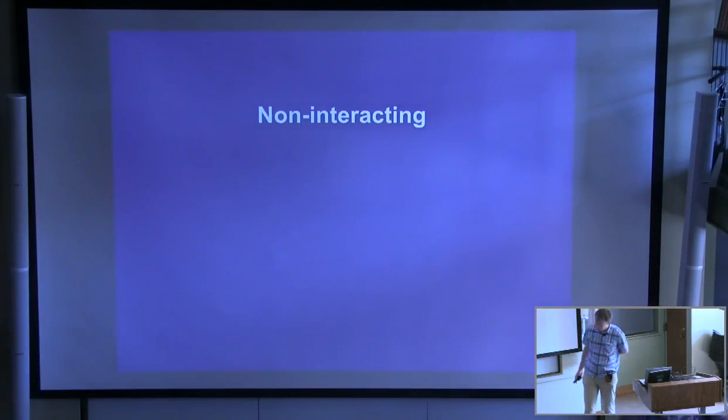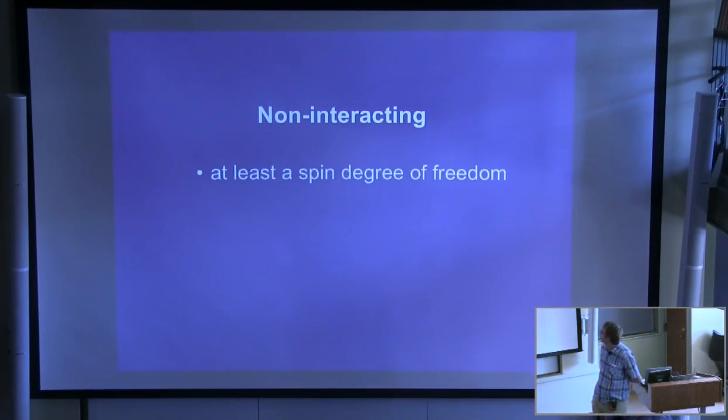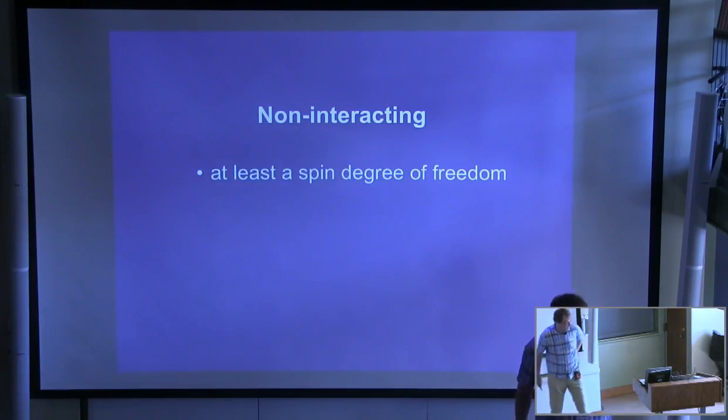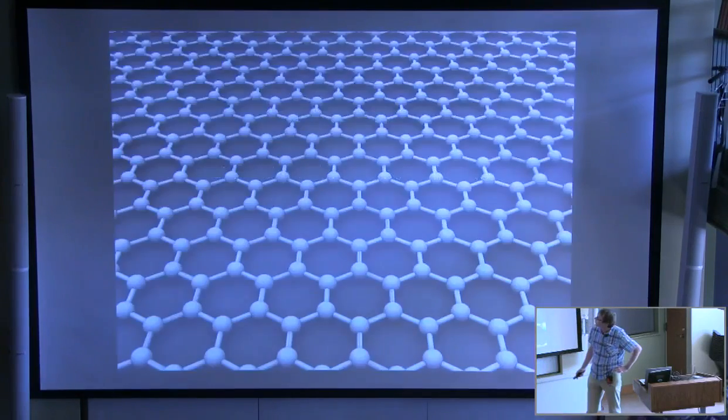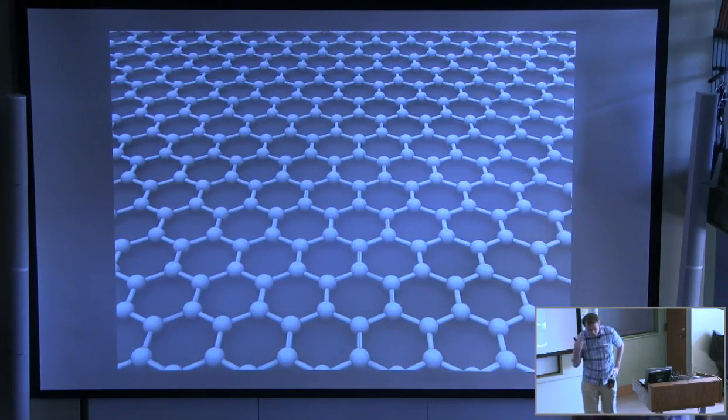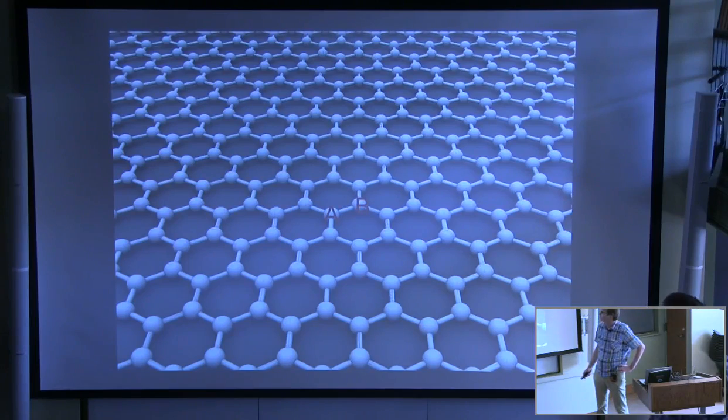Okay, so in a non-interacting system, at least you should have a spin degree of freedom to have something. And the way we have our pseudo-spin degree of freedom, and we had that in the first talk today, is that in a graphene-type honeycomb lattice, you have those two sublattices, which give you a quasi-spin degree of freedom.